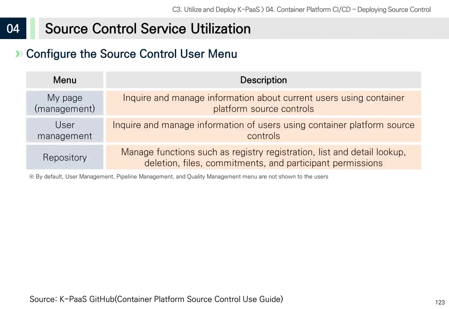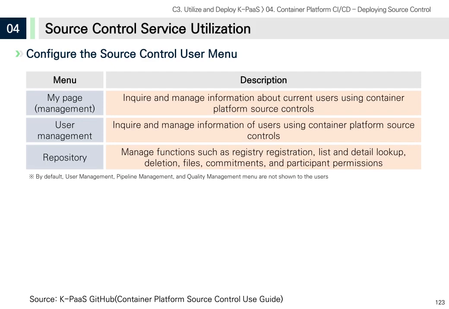Part 4. Source Control Service Utilization. In this part, we'll learn how to utilize the source control services deployed on the container platform. The container platform source control service has 3 menus, as shown in the table in the textbook: My Page, User Management, and Repository. In My Page, you can view and manage the information of the current user who is using container platform source control.